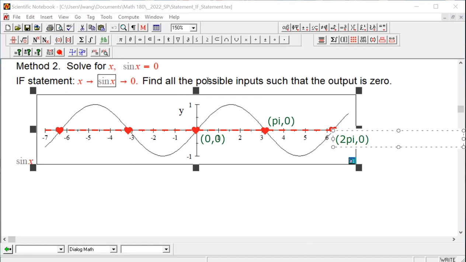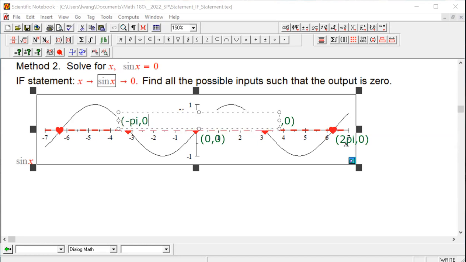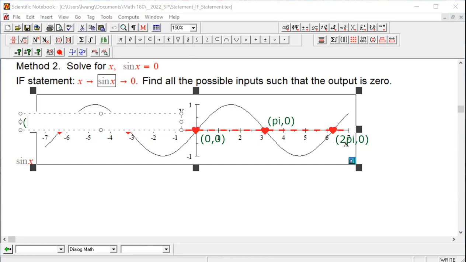And we are to identify all the possible inputs such that the output is 0. So what are our solutions? We just pick up the input 0, input pi, input 2 pi, and keep going. And there are more, right? How about this point? That's negative pi, 0. And this point would be negative 2 pi, 0.